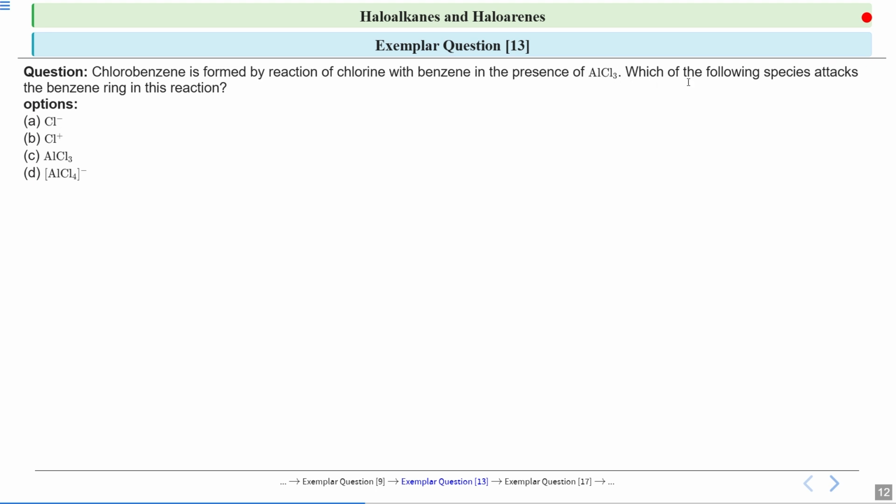You have to tell which of the given species will attack the benzene ring in the formation of chlorobenzene. The options are Cl-, Cl+, AlCl3 or AlCl4-.